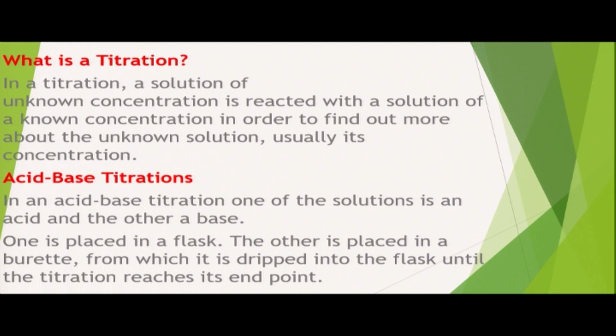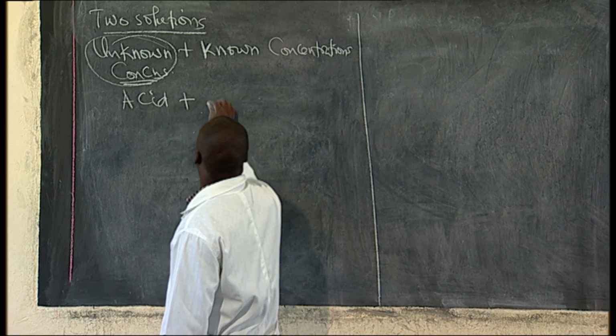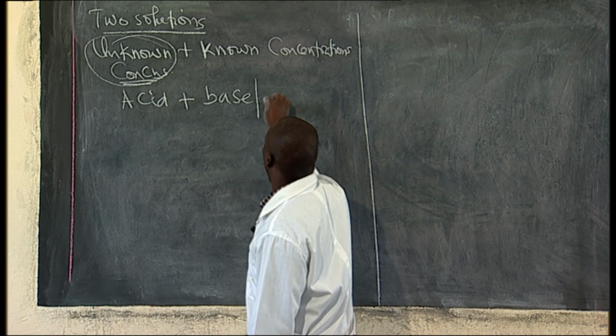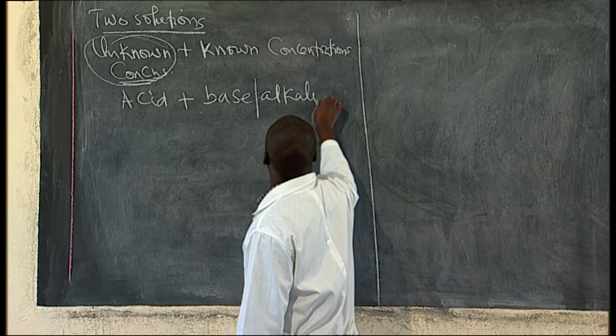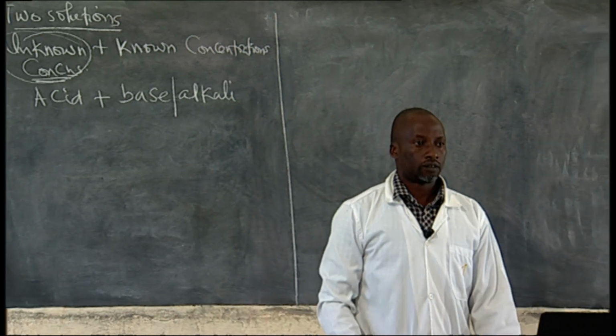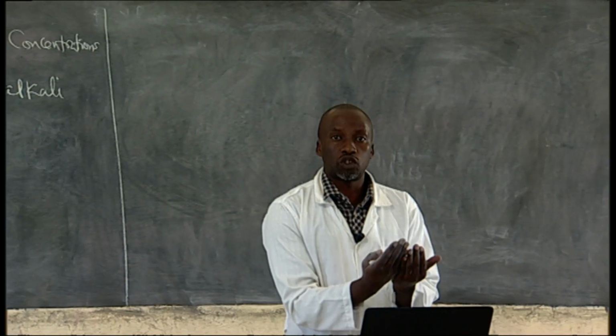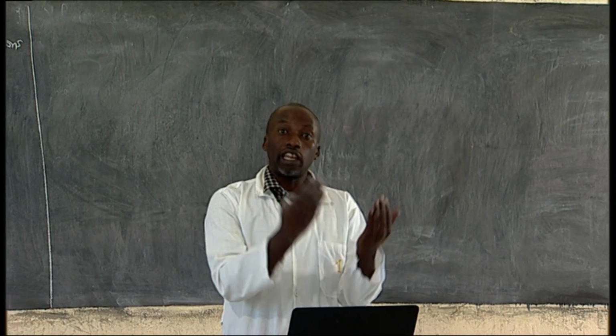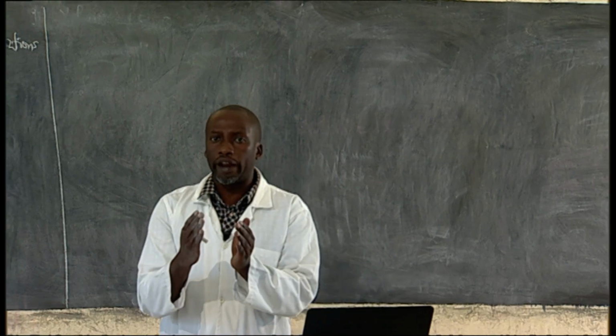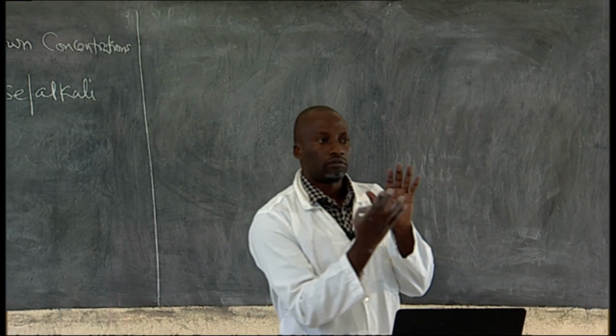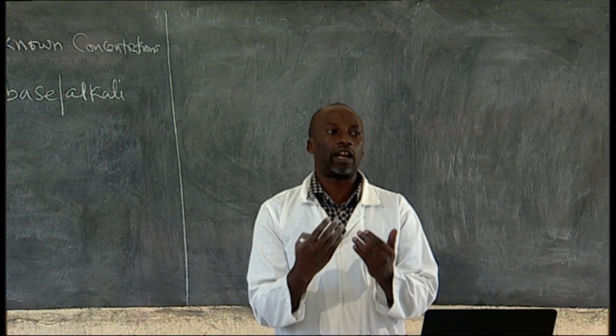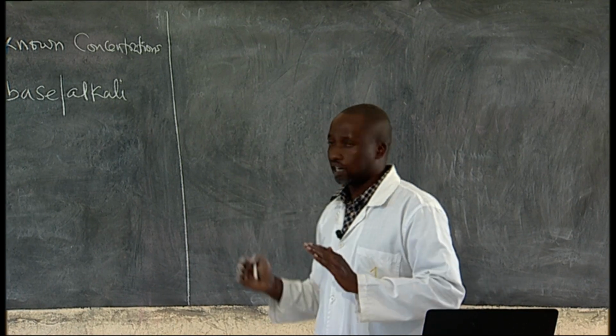When we talk about the acid-base titration, we have two solutions. One is the acid and another one is the alkali or the base. The titration is not only carried out with acid and base.